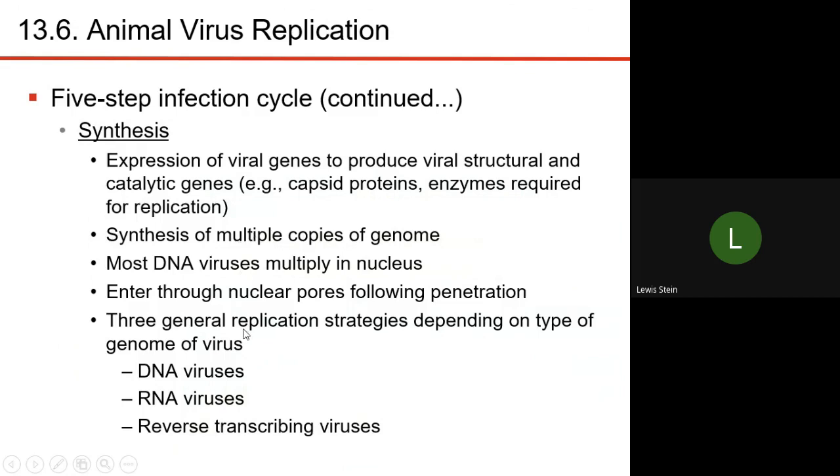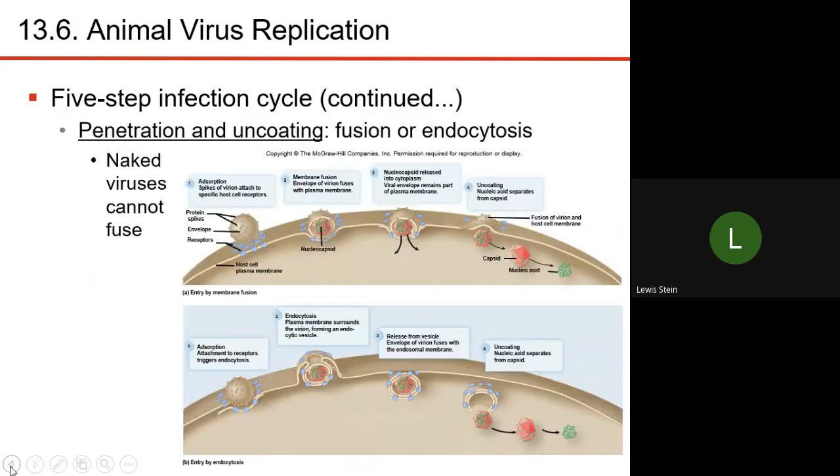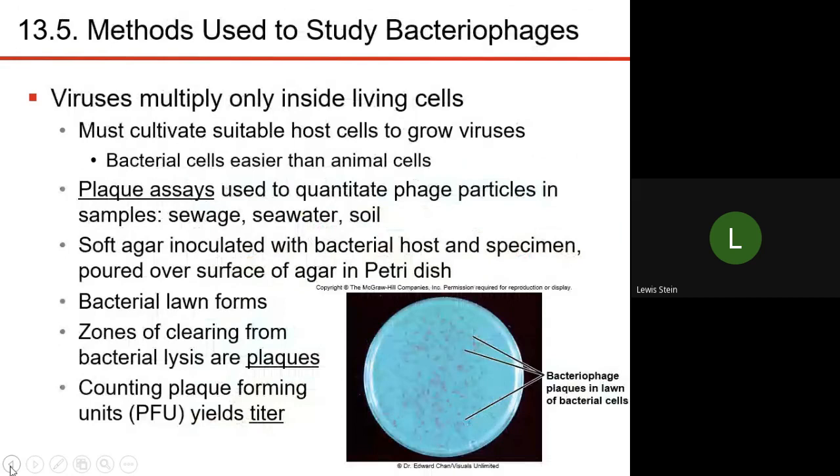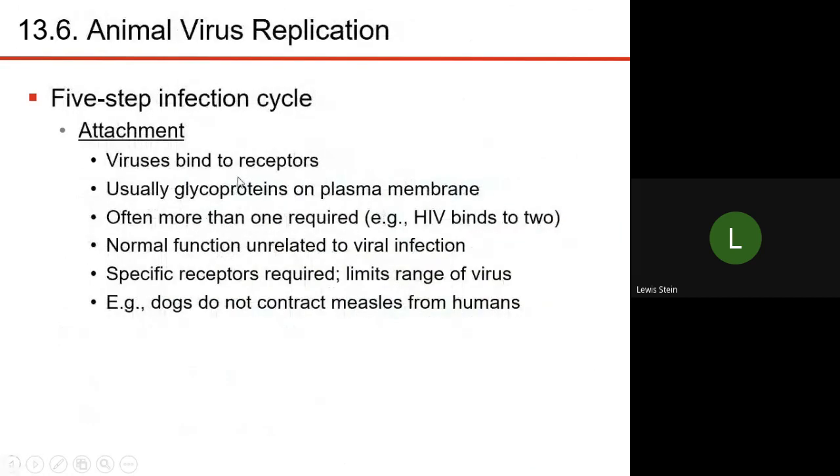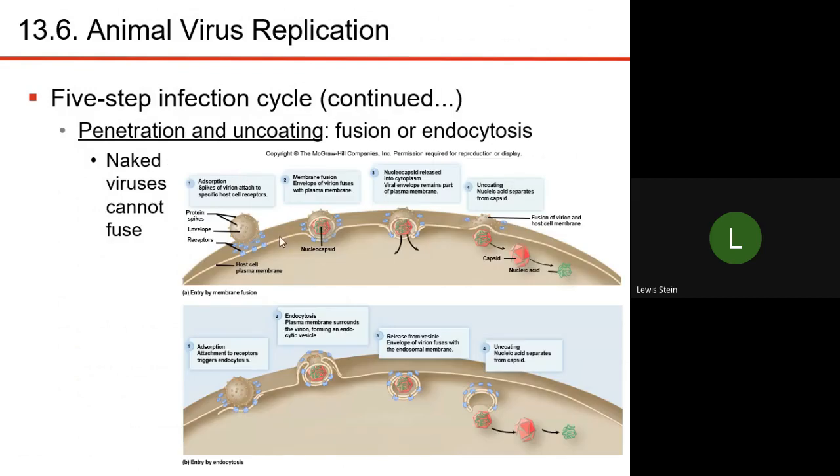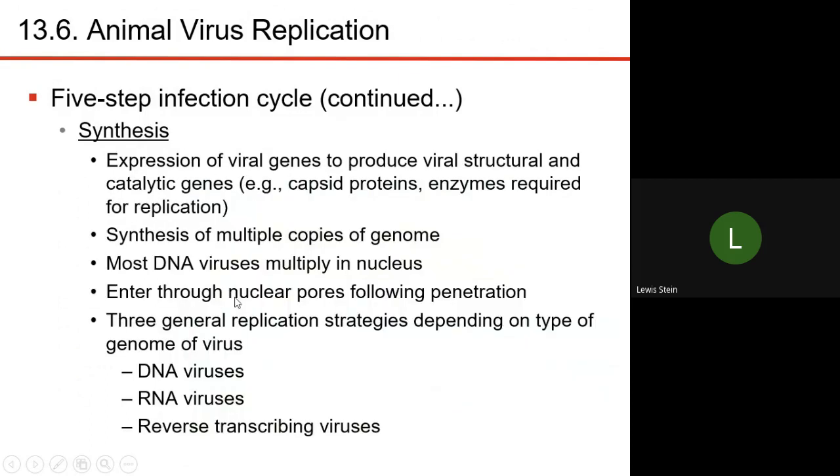The only reason it's important to understand is that the steps we interfere with using antivirals are attachment, so they have entry inhibitors. Again, the uncoating ones were not very effective. The synthesis ones were very effective and are still used.